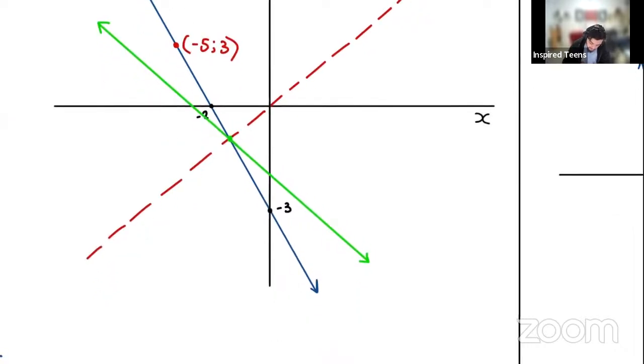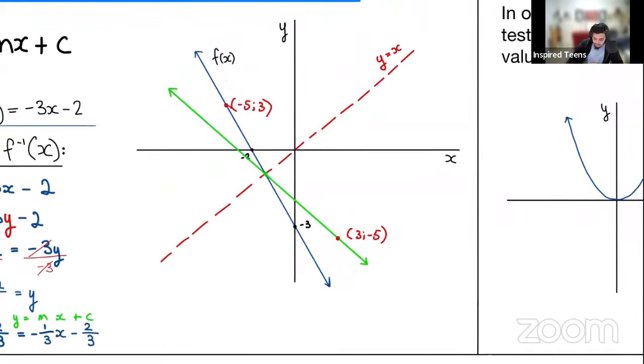So 3 maybe is like somewhere here, and then -5 is like somewhere there, right? So you can plot that coordinate, and it would be something like this. Obviously, it's not drawn to scale, so it's not perfect, but it would look something like that. And you can kind of see that these two are reflections about the y is equal to x line as well. Okay, those separate individual coordinates are a reflection about the y is equal to x line as well. Okay, so I hope that makes sense.